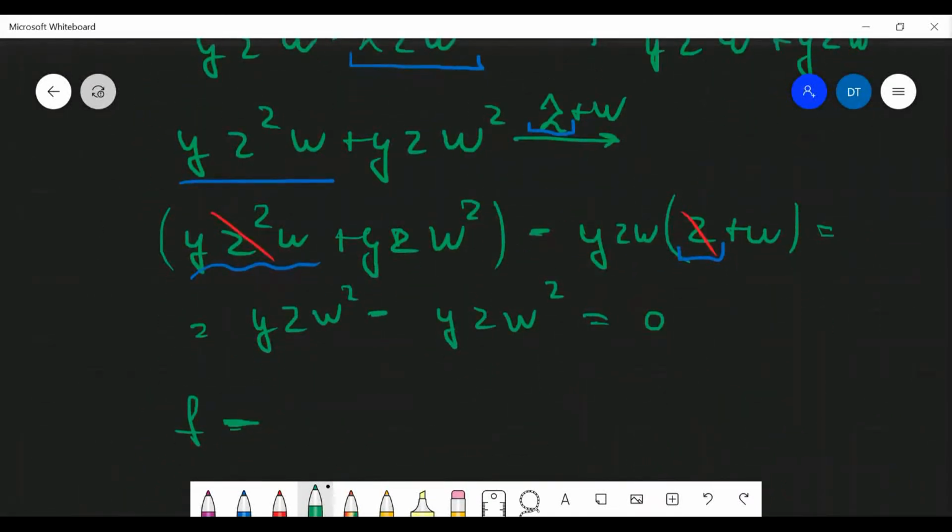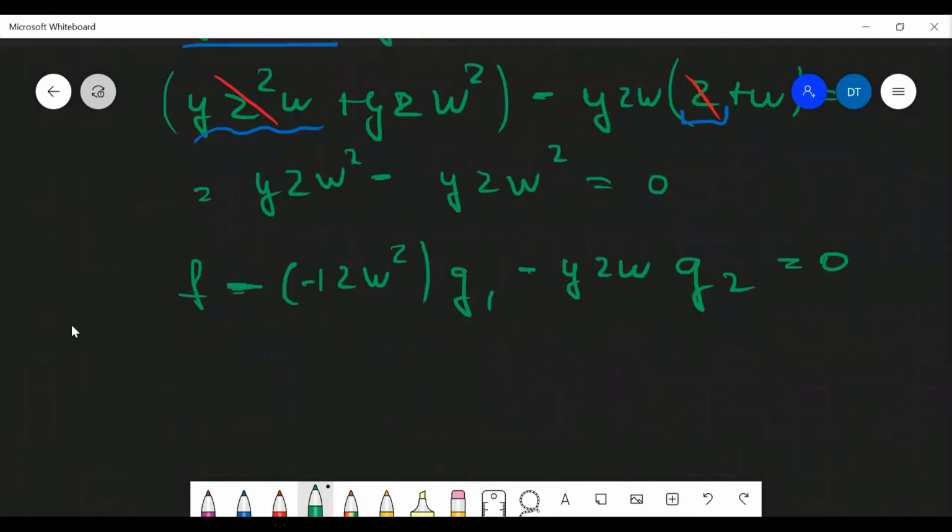So we subtract minus 1 zw square g1. This will be the second polynomial. And then we subtract yzw times g2, and we will get 0. So now when you rewrite this, you will see that we represented f as the combination of g1 and g2 with monomial coefficients.